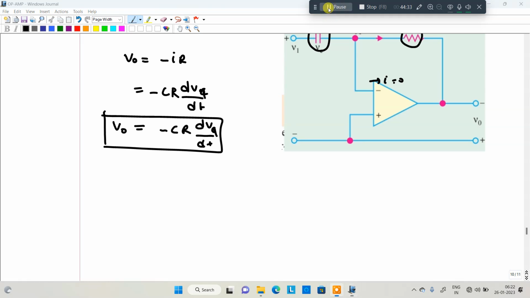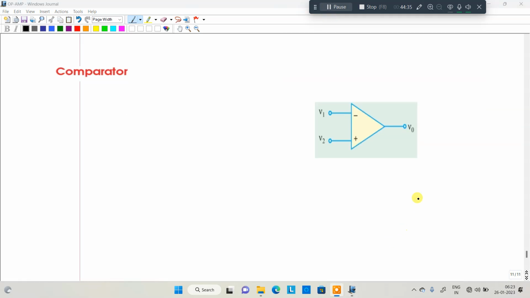Last topic. Next we are moving to the comparator. A comparator is nothing but a circuit that compares two input signals. Let us see. We have two inputs, V1 and V2. For example, V1 and V2 are both equal. The difference is 0. That means there is no effect on the output, V0 is equal to 0.